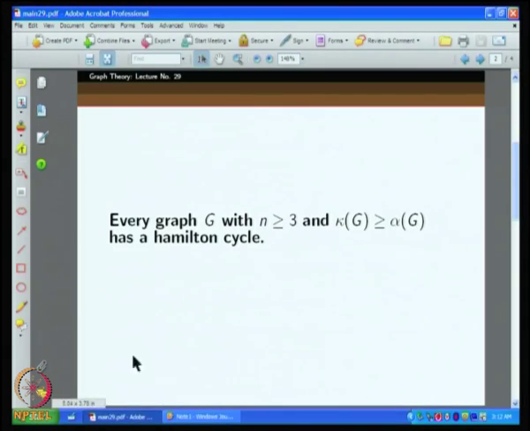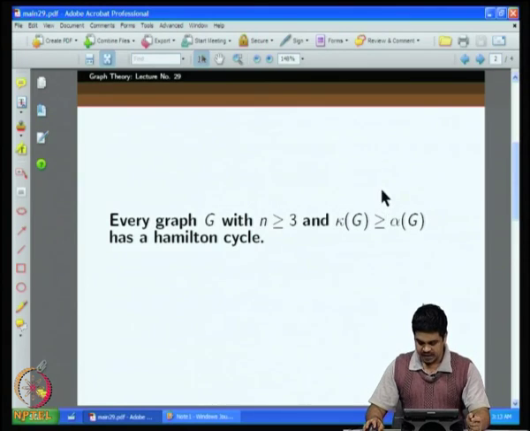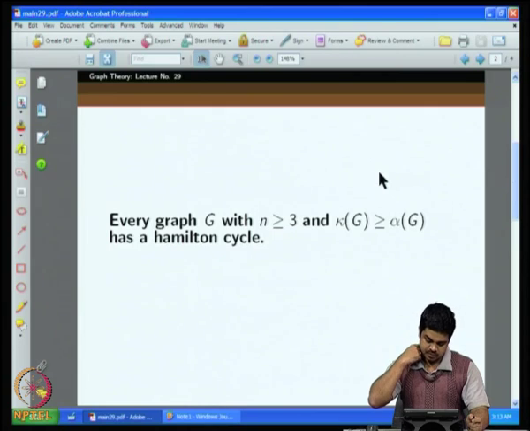In the last class we were looking at this theorem: every graph G with at least 3 vertices and vertex connectivity kappa greater than the stability number, the independence number, the cardinality of the biggest independent set, has a Hamiltonian cycle.